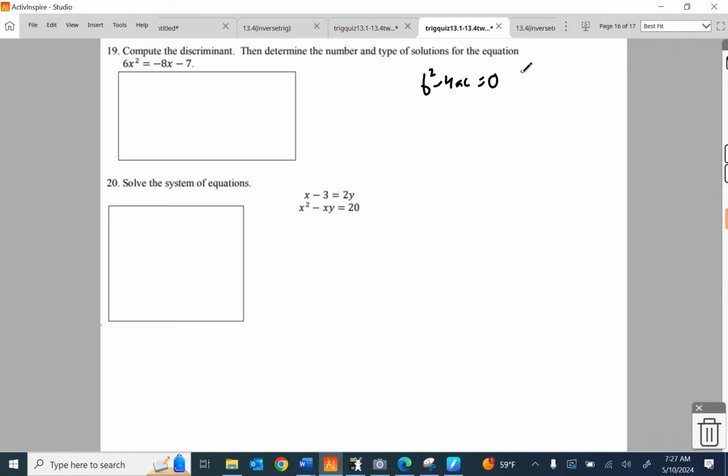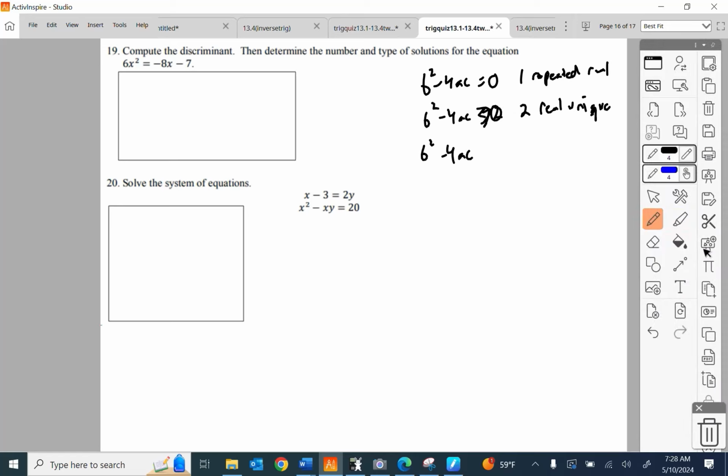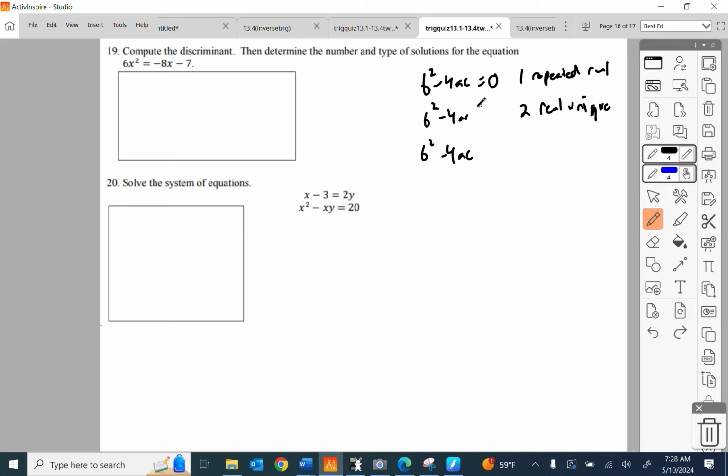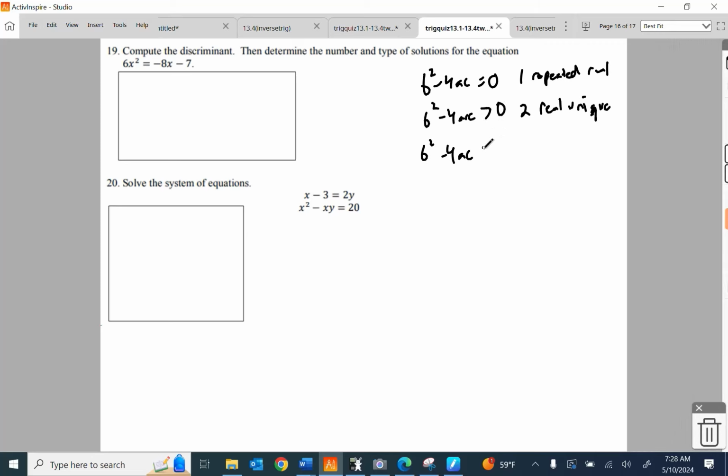If equal to 0, one repeated real solution. If b squared minus 4ac is greater than 0, two real, unique solutions. If less than 0, two complex conjugates.